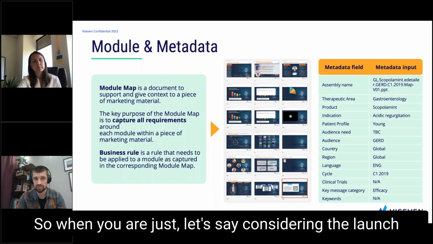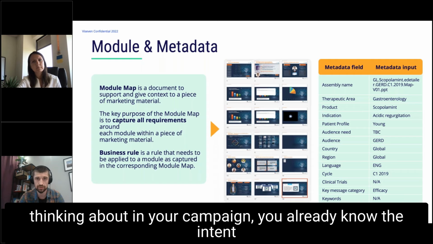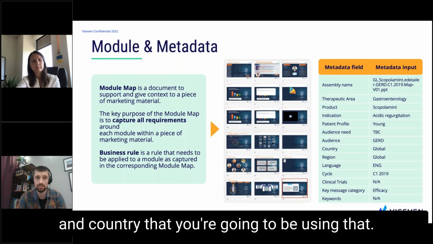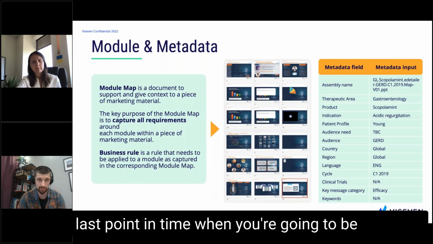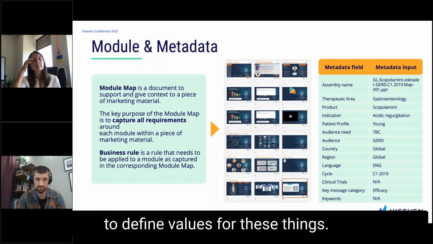So when you are considering the launch of a new product, or actively thinking about a new campaign, you already know the intent for the module, probably the target audience, also the language and country that you're going to be using it in. And you don't need to wait for the very last point in time, when you're going to be delivering that content to the target audience, in order to define values for these things.